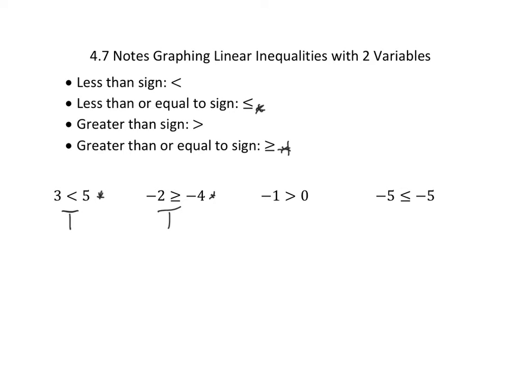This would be true. This third one here is saying -1 is greater than 0. That's false. 0 is technically greater than -1. And this last one is saying -5 is less than or equal to -5. Well, since -5 equals -5, this is true.